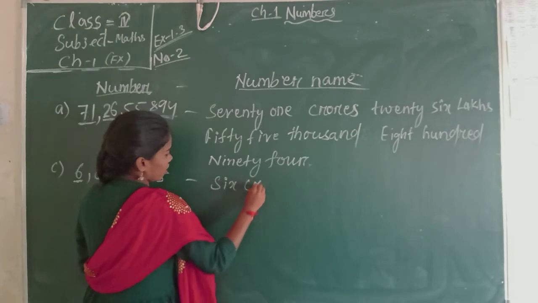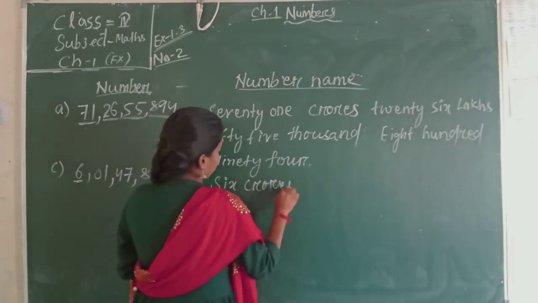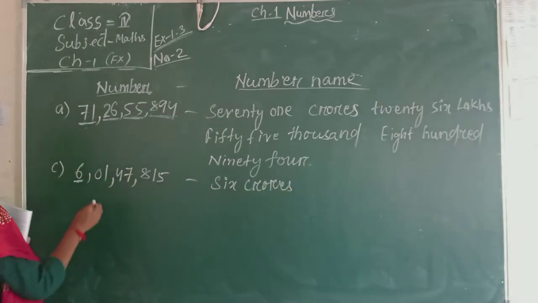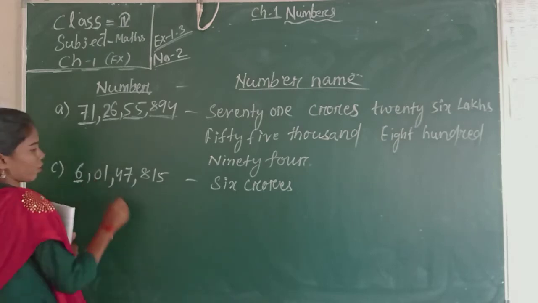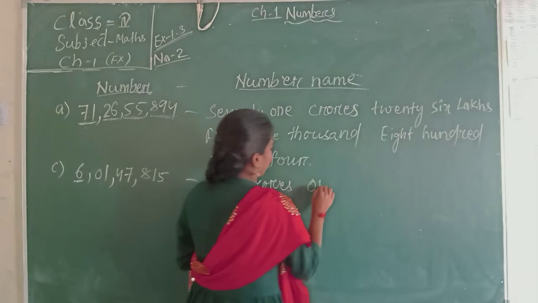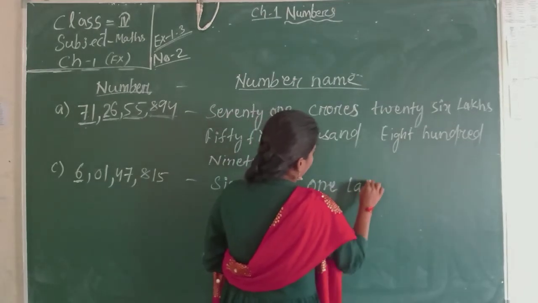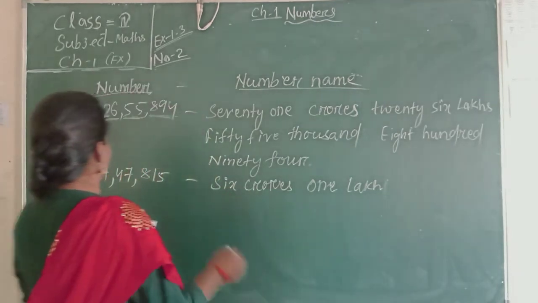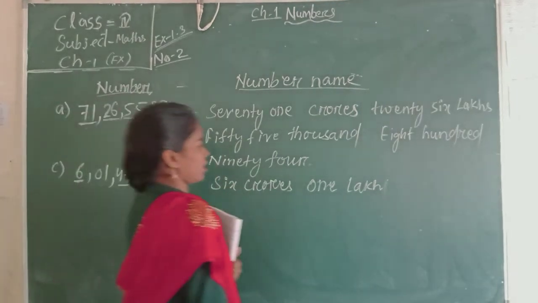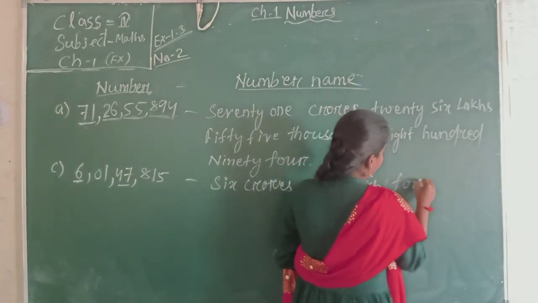crores. 6 crores. But next come to the lakh period. In the lakh period there is 1. So right here 1 lakh. There is 47,000.